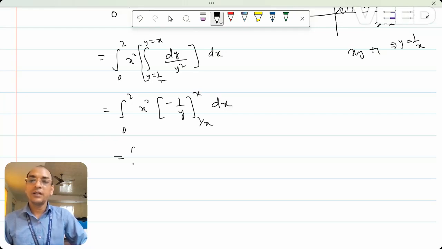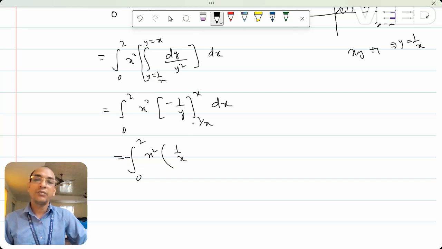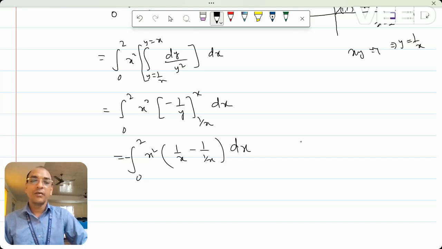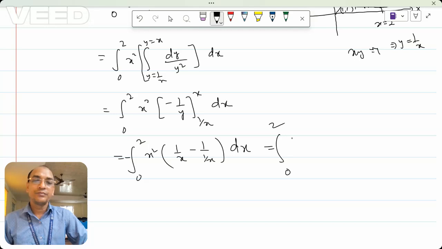Now you can again integrate it with respect to x. We put the limits. So minus will be outside x square, and upper limit is nothing but x, so 1 by x. Lower limit is nothing but 1 by x, so minus 1 by 1 by x, and dx. Finally you can write this one as integration 0 to 2, x square into 1 by x minus x dx.